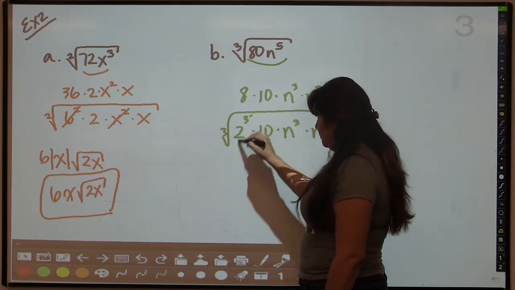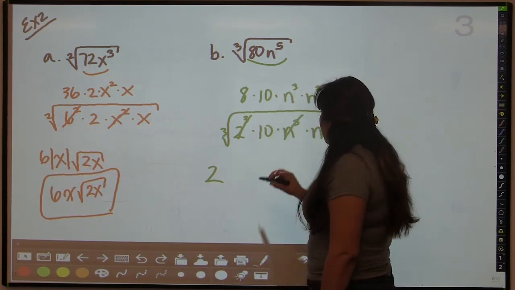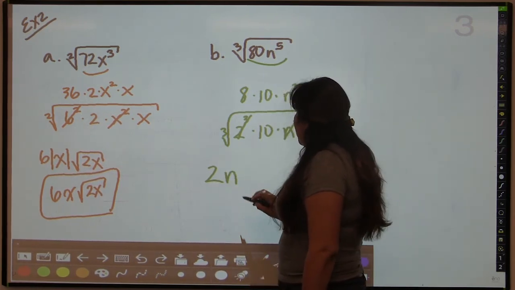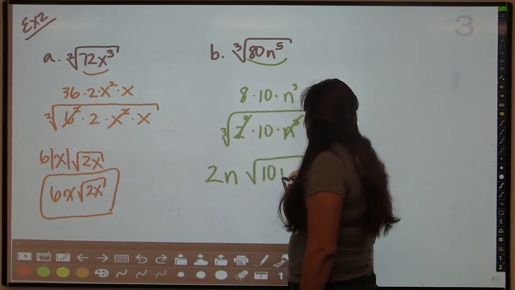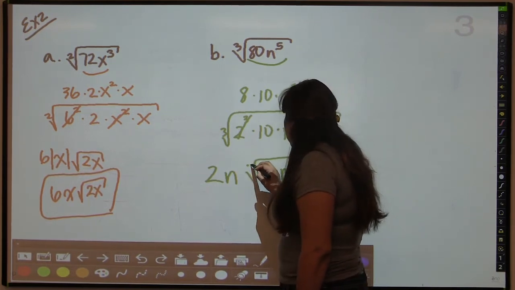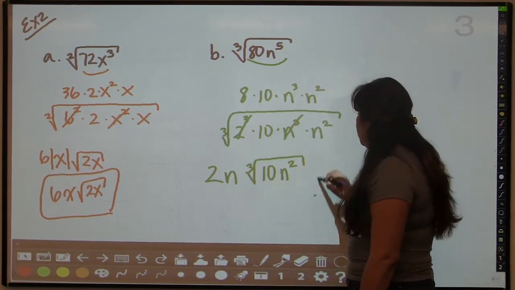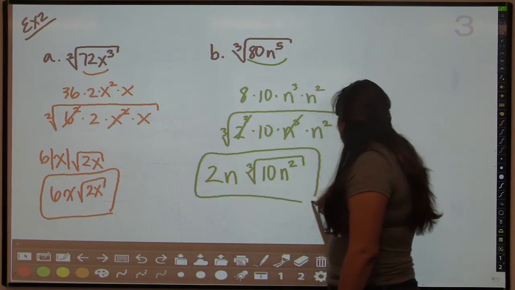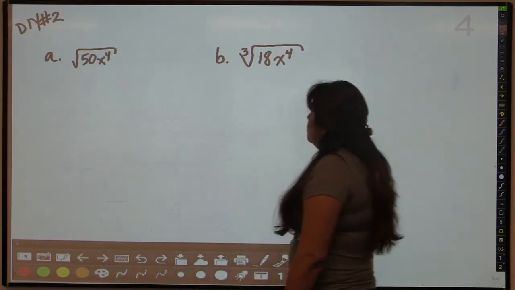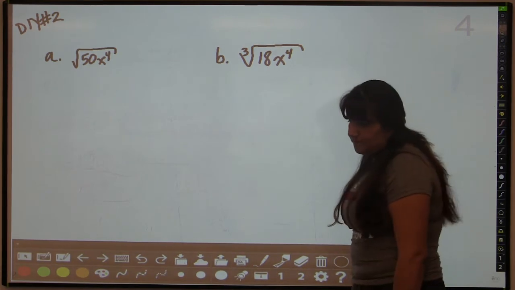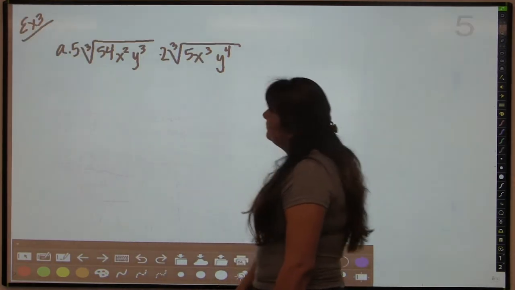So this 2 to the third power will come out as a regular 2, and this n to the third power will come out as a regular n. And then the 10 and the n squared will stay because they don't have matching exponents. So this would be your final answer for that. So then you can do those on your own, and then we'll go on to one more example of multiplication.